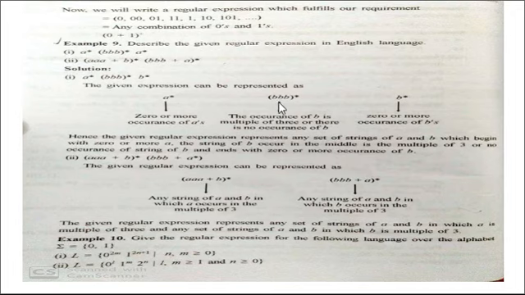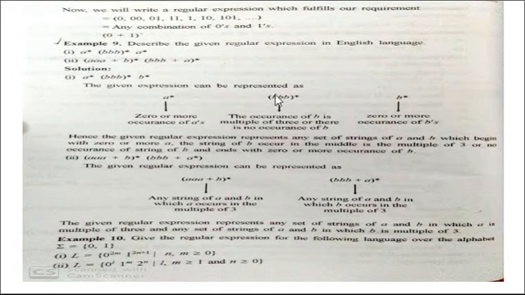And the triple b whole closure means the occurrence of b is a multiple of 3, or there is no occurrence of b. Here the closure is of triple b, which means the occurrence of b is a multiple of 3 times. That means triple b, 6 times b, 9 times b, 12 times b.